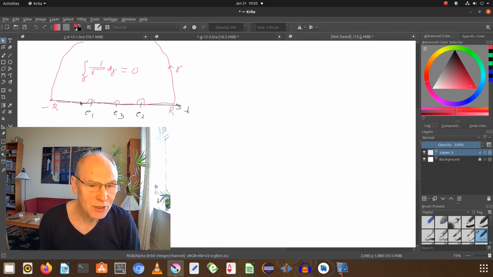That means that choosing the branch of the square root correctly, then the integral, oh, it should have been black. The integral from minus infinity to infinity of 1 divided by the square root dt should vanish.